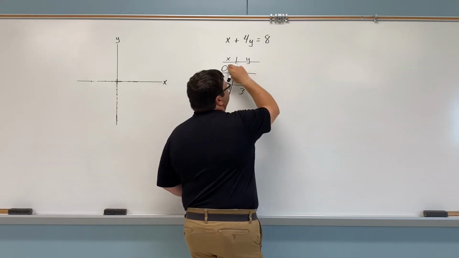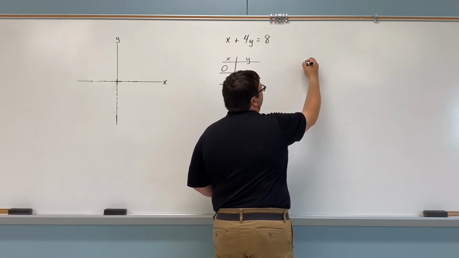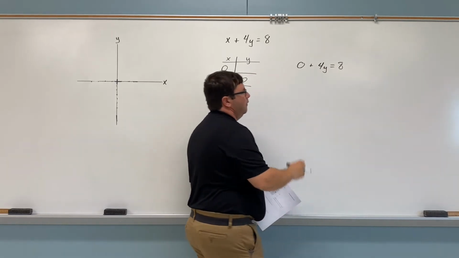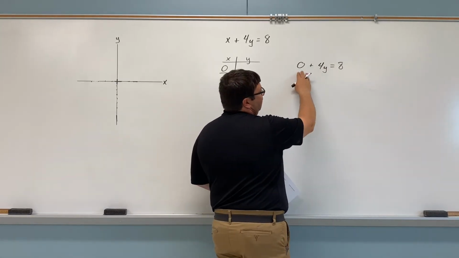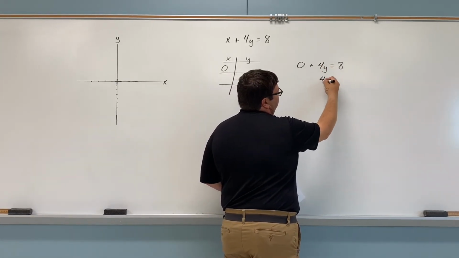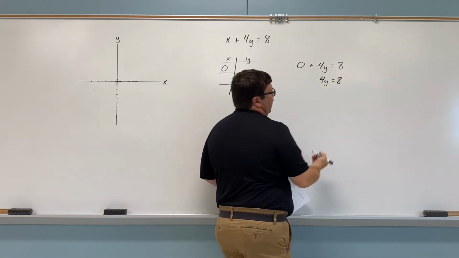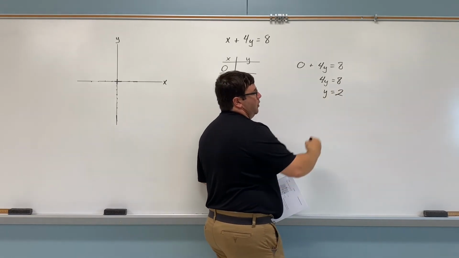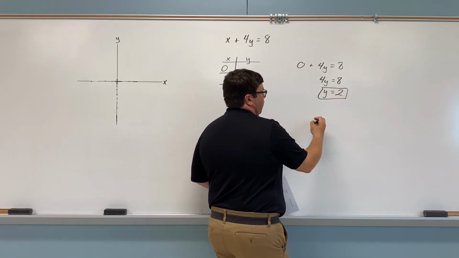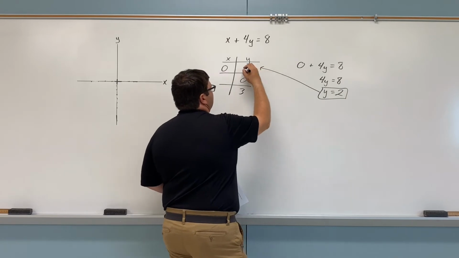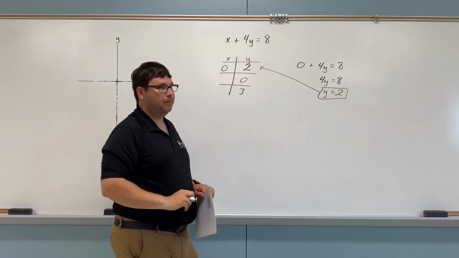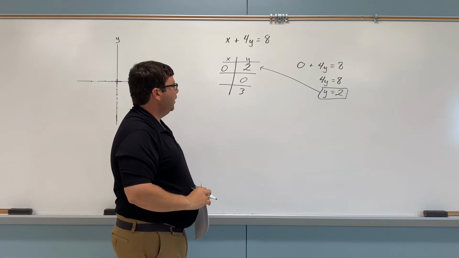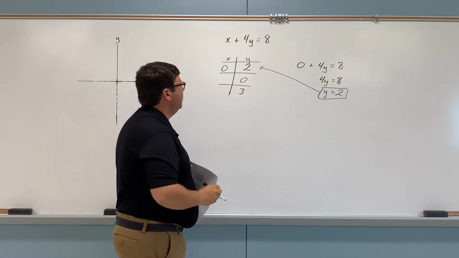We're going to plug in 0 for X and solve for Y. 0 plus 4y is still 4y, that's beautiful, is equal to 8. Divide by 4, y equals 2. This y value goes into the chart. So we have a point of 0, 2. Pretty easy.